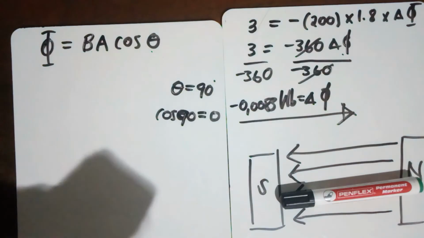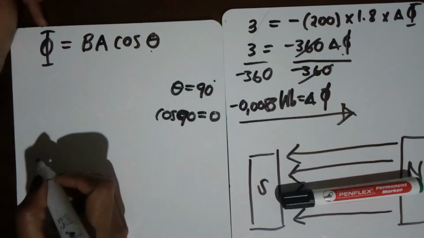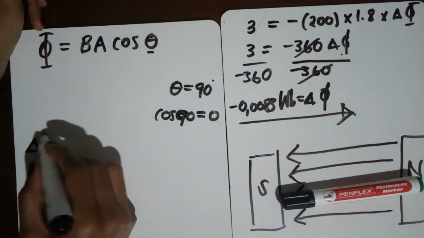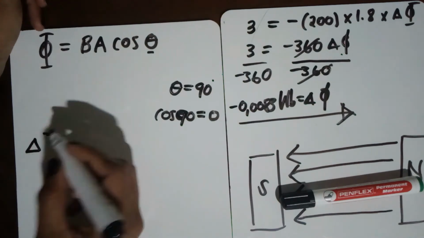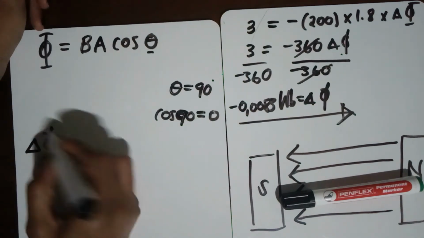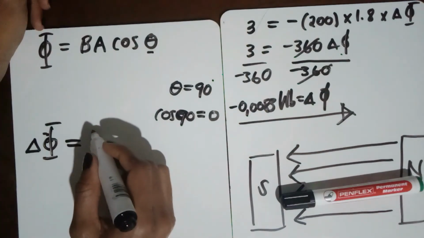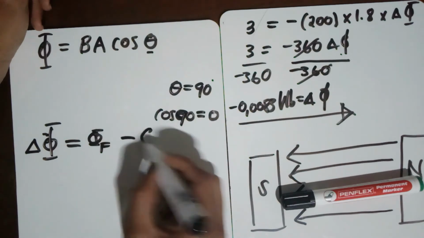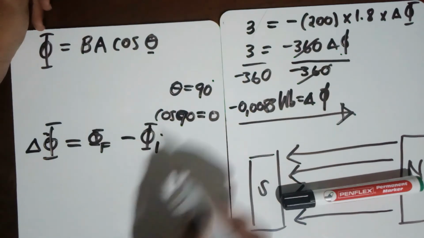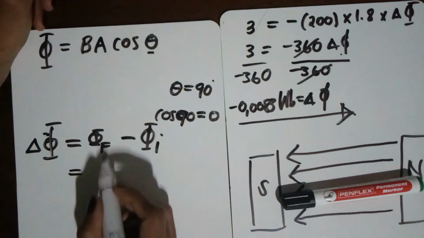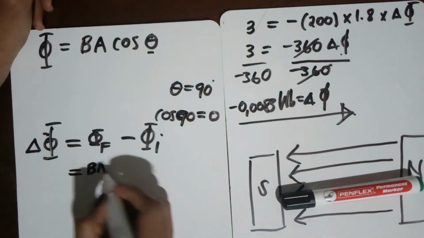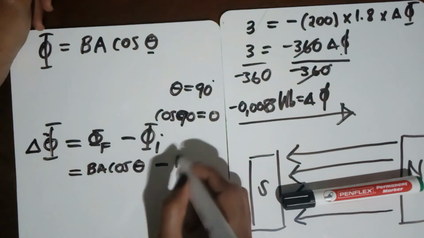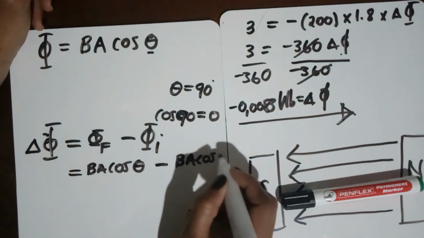Cool. So to find this angle theta, we have to say, okay, the change in magnetic flux is given by the final magnetic flux minus the initial magnetic flux. And that is just given by BA cos theta minus BA cos theta.